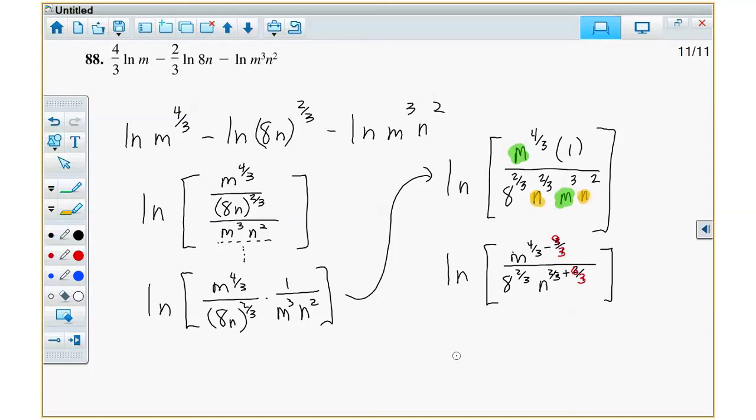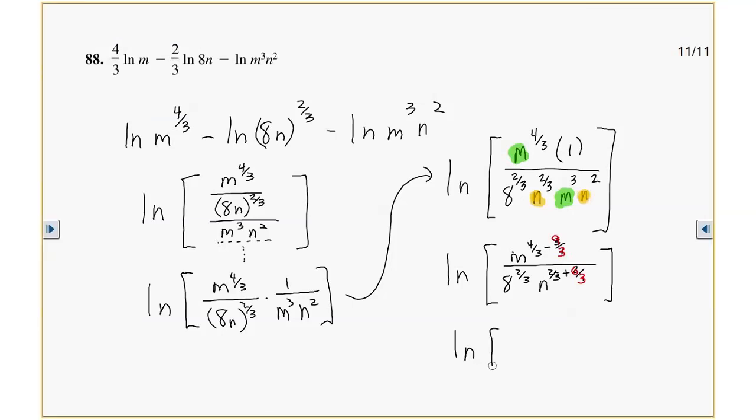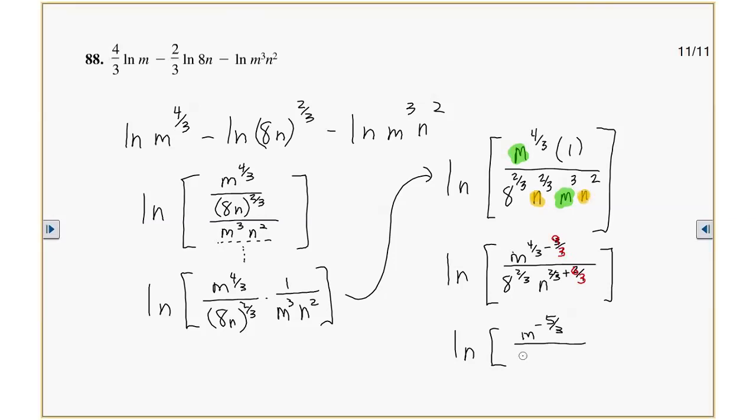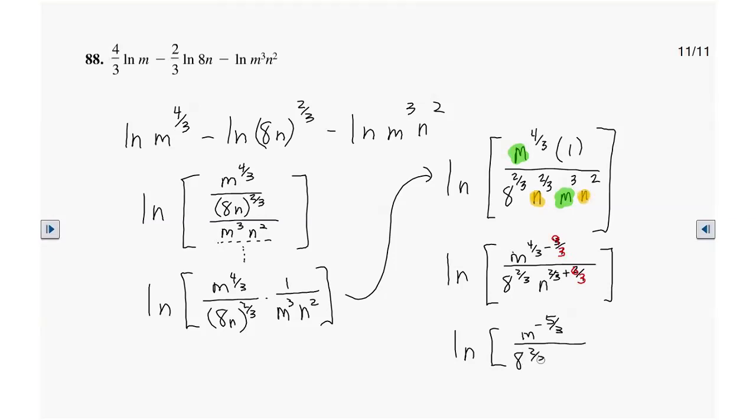So that's going to be the natural log of m to the negative 5/3 over 8 to the 2/3, n to the 8/3.